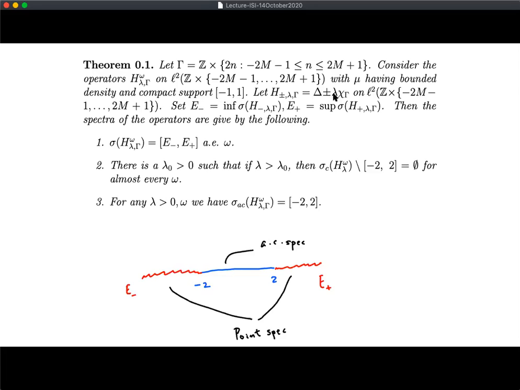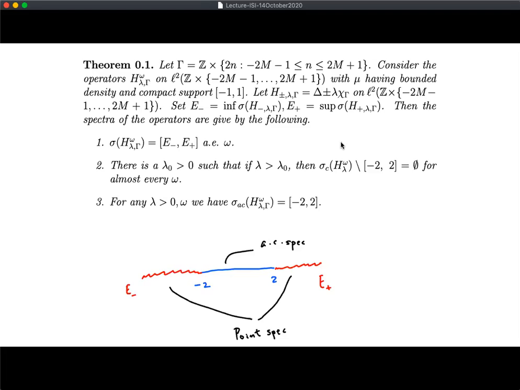If you set them to be 1, you get the plus operator. So consider these two operators associated with lambda. Then E minus is the infimum of the spectrum of this self-adjoint operator, and E plus is the supremum of the spectrum of the other. The spectrum of these, which by the way is a constant set, is between E minus and E plus.